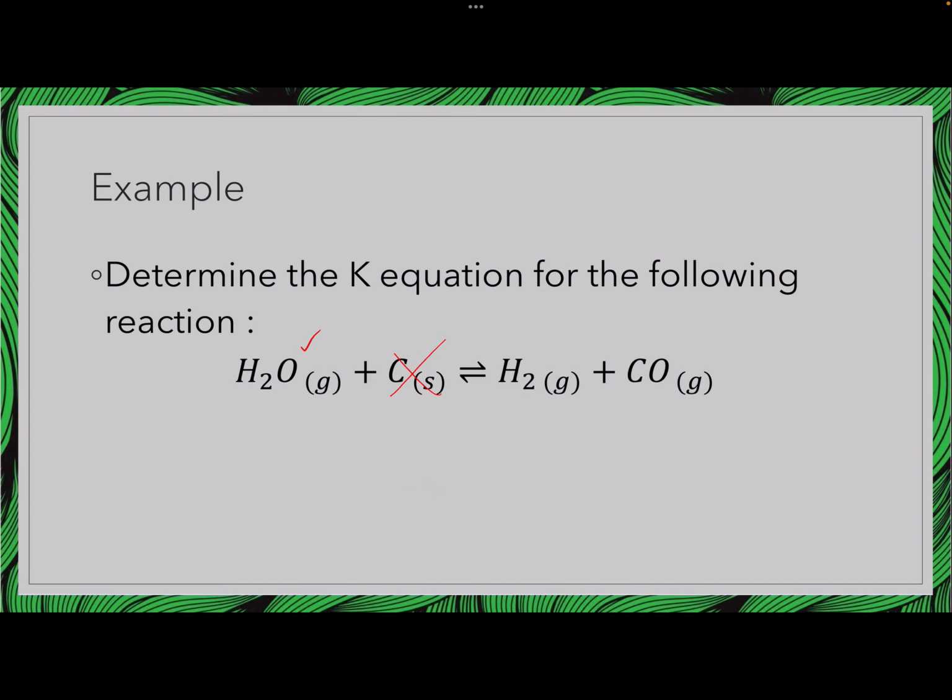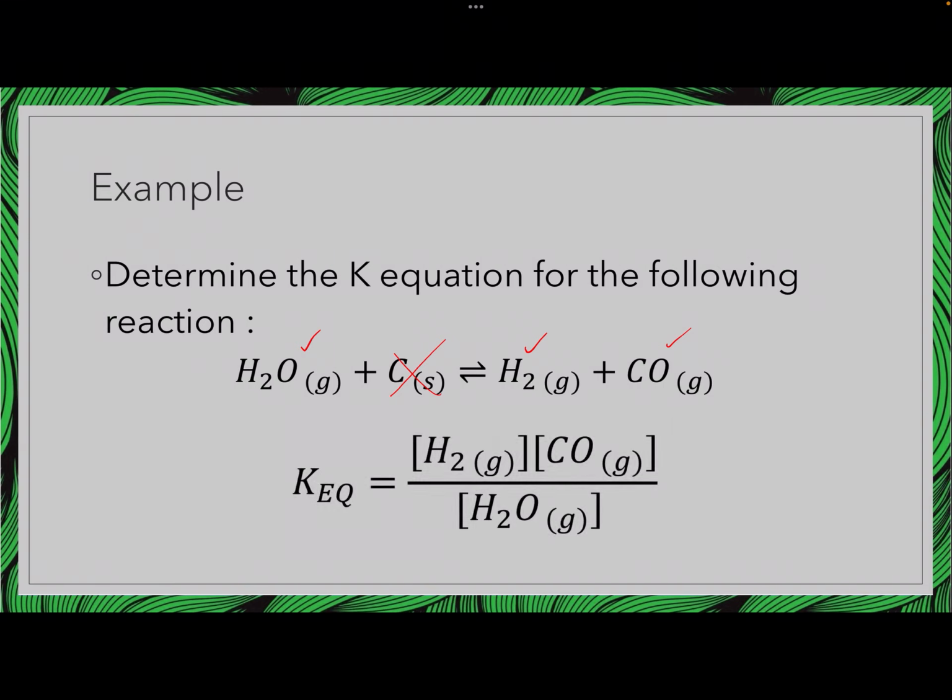So we don't just cut out water, we cut out liquid water. If it's a gas in a gaseous reaction, we keep it in. So we need those three compounds in our K equation: products over reactants equals K. Products are carbon monoxide times hydrogen over water. All the stoichiometric ratios are 1, so they're just to the power of 1.